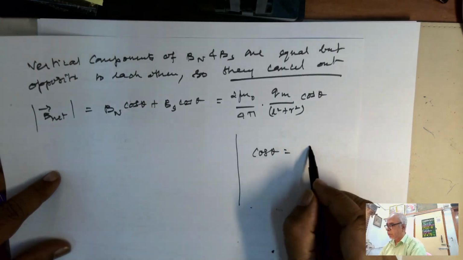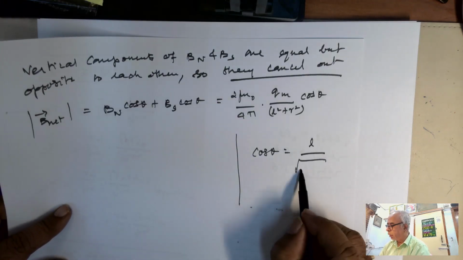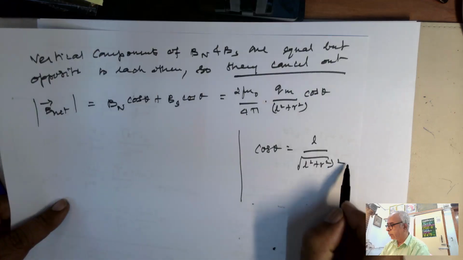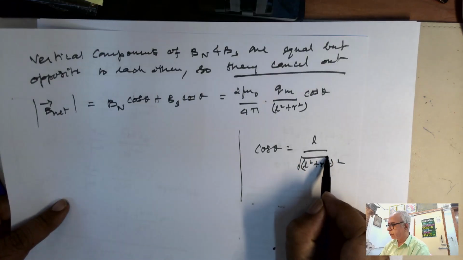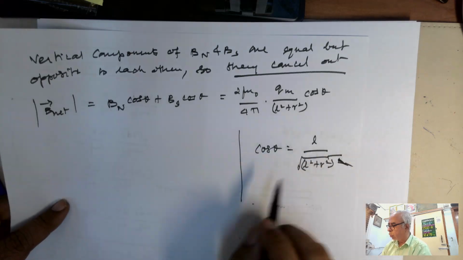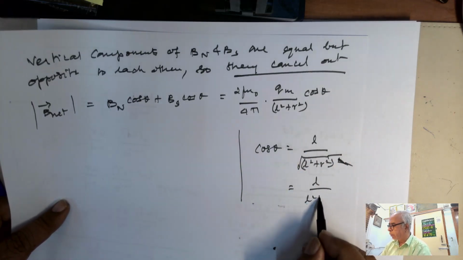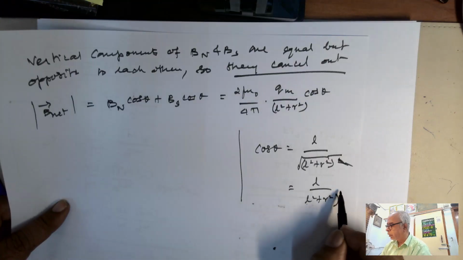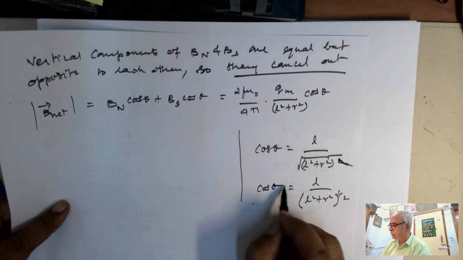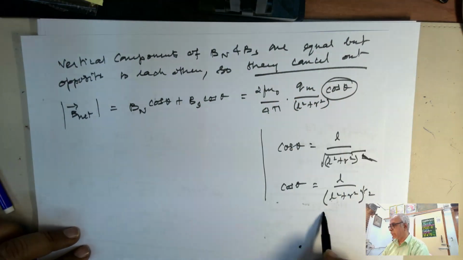So cos theta is equal to L divided by the square root of L squared plus R squared. I'm sorry, L squared plus R squared square root. And this can be written as L by L squared plus R squared whole power 1 by 2. So this is cos theta.